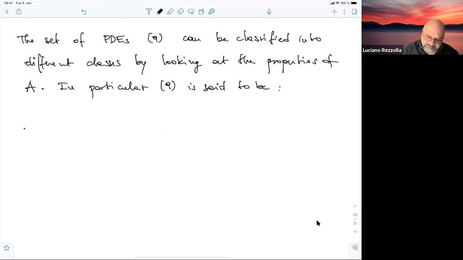There's going to be a first case where it's going to be said linear if the coefficients of A, or the elements of A, are constant.